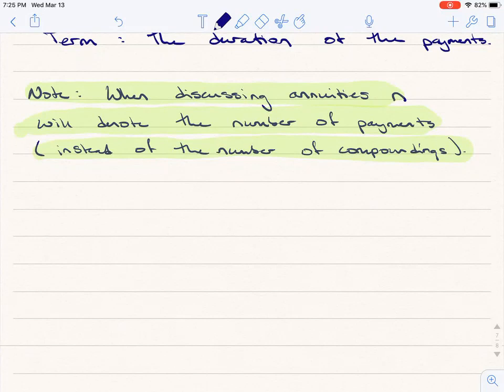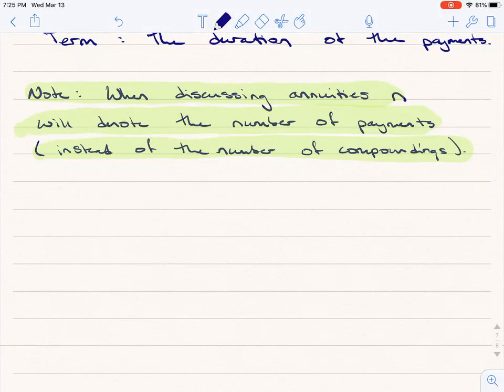The next thing we're going to ask is, does the payment frequency match the compounding frequency? If it does, then we say that we have a simple annuity. I have to check because there's so many names. If it doesn't, which is more likely, then the compounding frequency doesn't have to match the payment frequency, but we are going to calculate I2 to make it match.